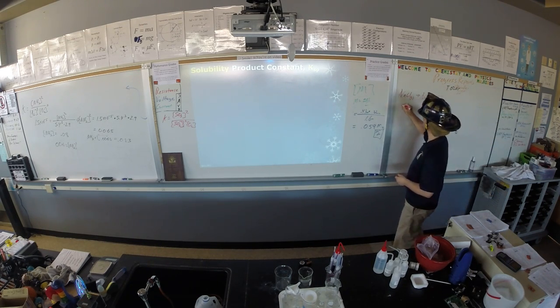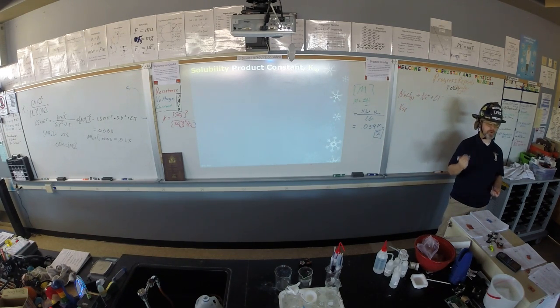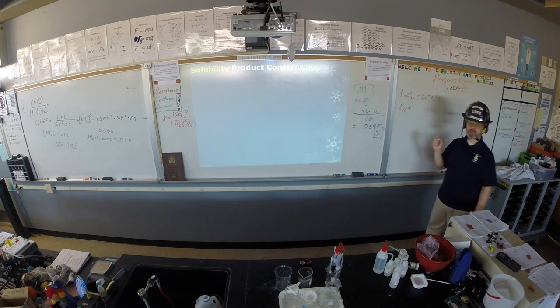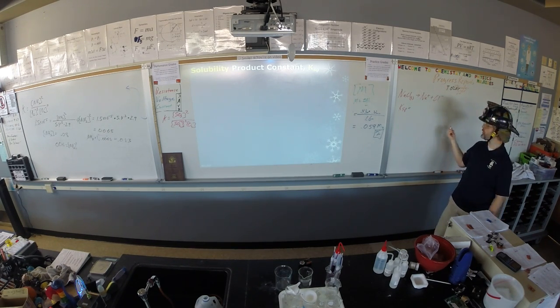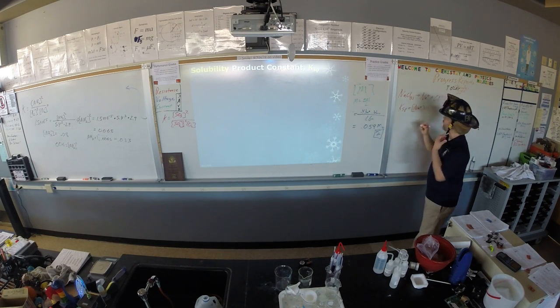Now, we have a special K called a KSP. KSP stands for solubility constant, or solubility product. So this is going to be just like the equilibrium expression, products over reactants. What's the product in my KSP equation? Yep. Concentration of Na plus, and what else?